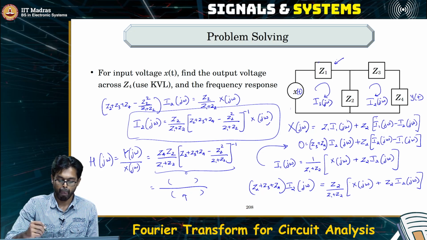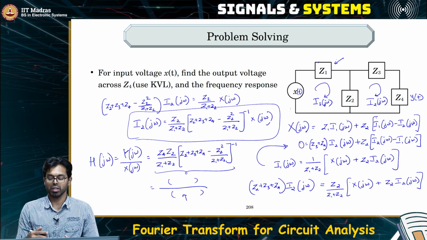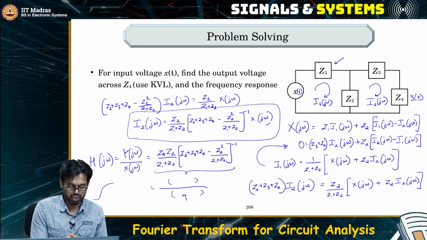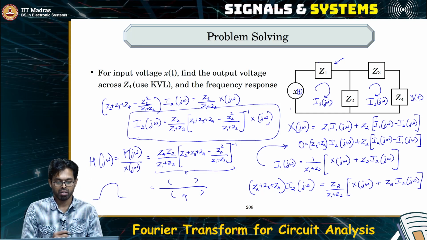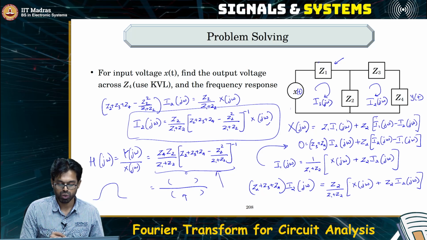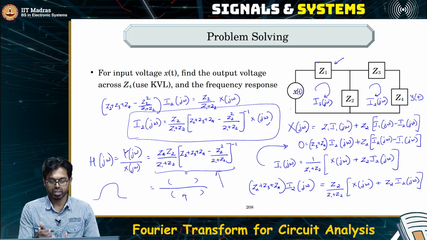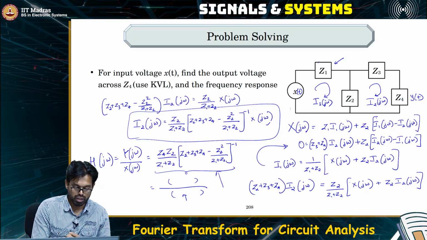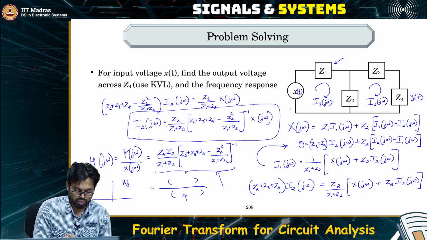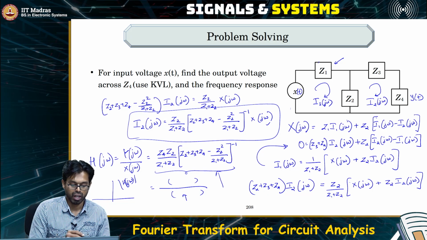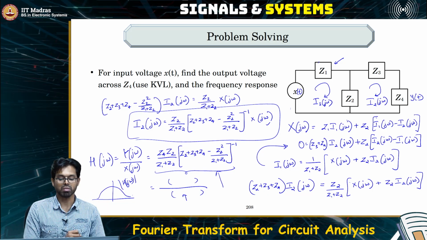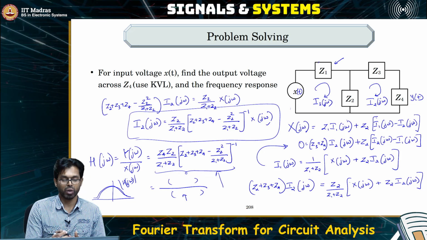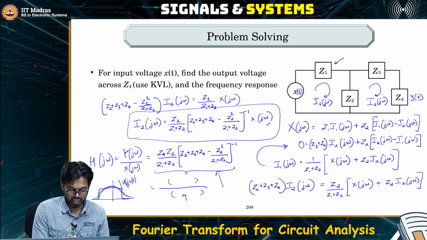Now let us say that I want to design a filter which has a response something like this. Then I can find out what should be the values of Z1, Z2, Z3, Z4 such that if I plot the mod of H of j omega here, I will get something like a low pass filter. Because I know that I want a low pass filter, I know that it should look something like this.